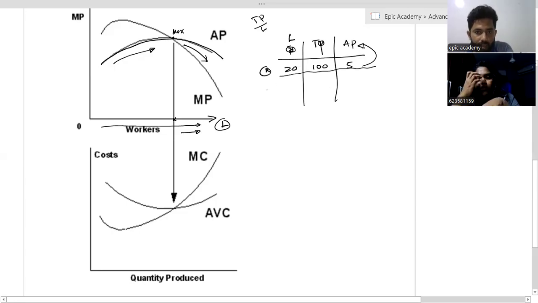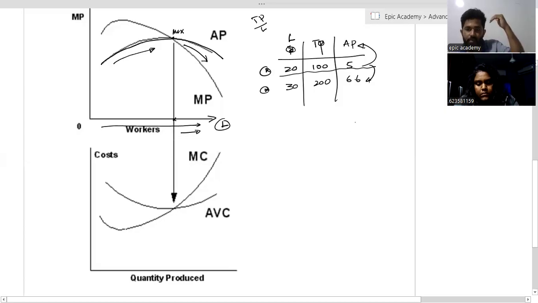Again, you increase the workers to 30, and the production increases to 200. Production increased to 200 by using 30 workers. Then what happened to the average production? TP divided by L, 6.6. It increased.